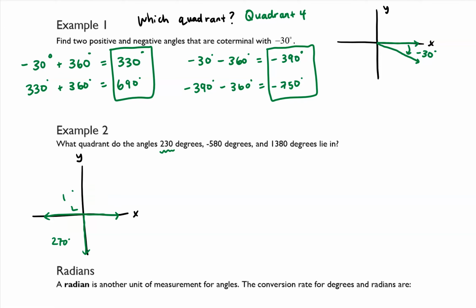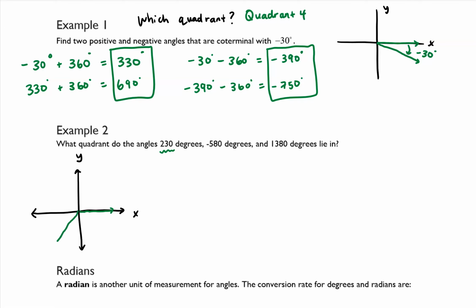I ended up erasing too much, so let me quickly redraw this. So again, 230 is between 180 and 270. And so that means that if we were to graph that, 230 degrees would be 50 degrees past 180.